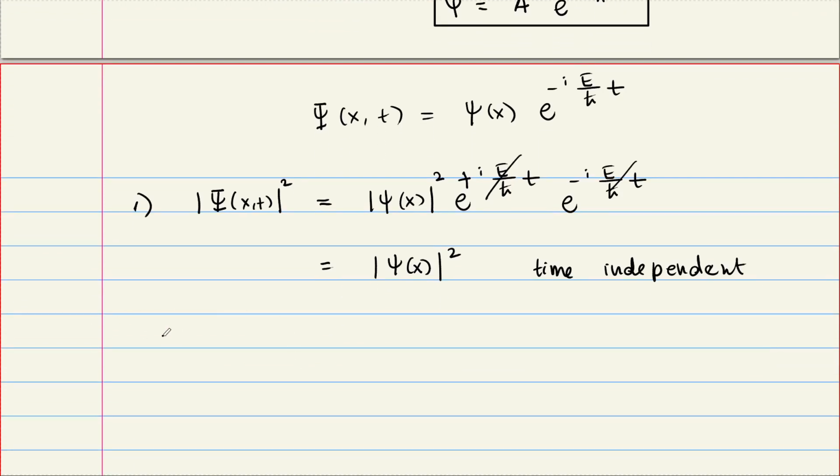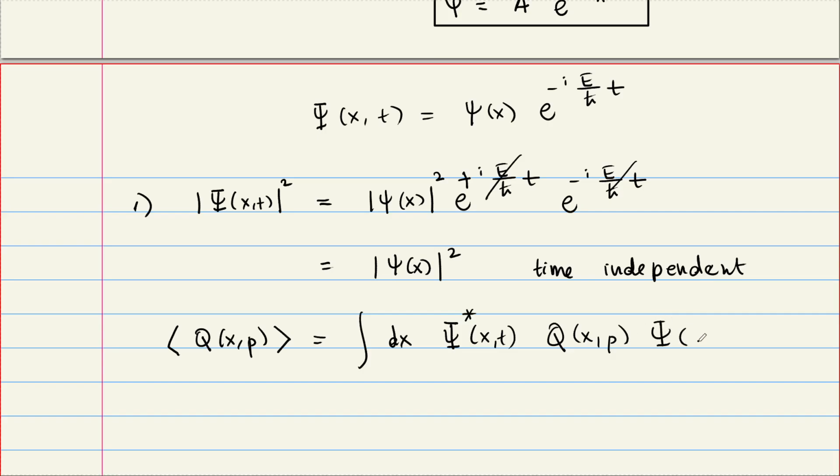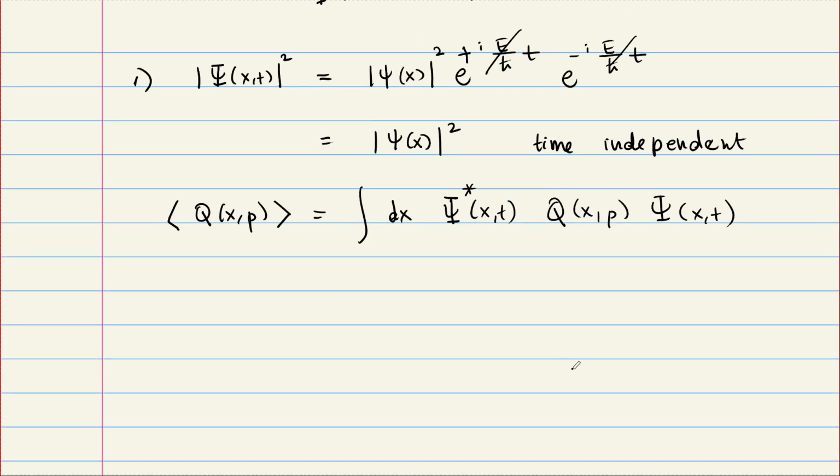Similarly, if you calculate any observable, let's use Q for an undefined observable, which may be a function of x or p, which doesn't matter for us. The way we calculate these things is we put psi(x,t) with complex conjugate here, we put Q(x,p) here, and we put psi(x,t) here. And the same thing, right?